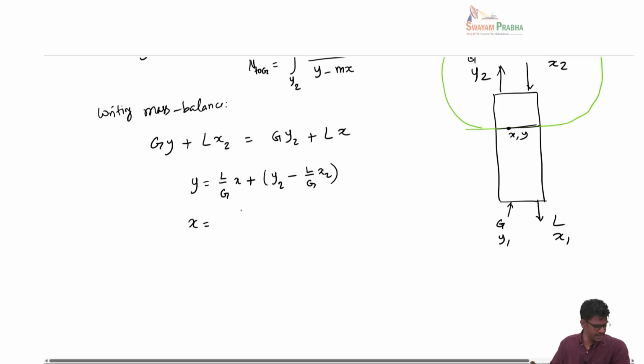You have to just invert it. I'll just give the equation directly. You can find this out: x equals G by L times y, and so on.